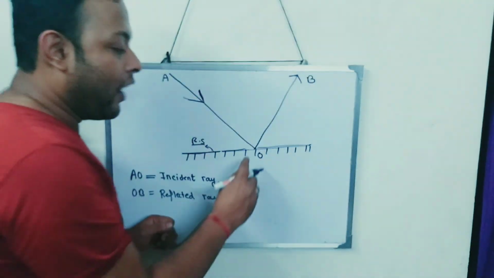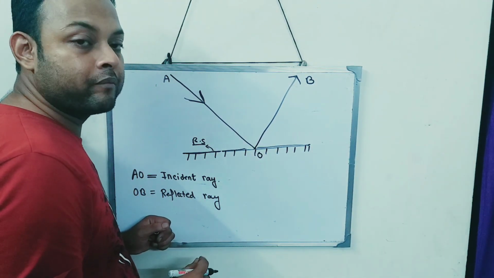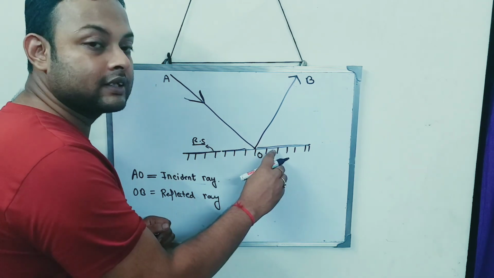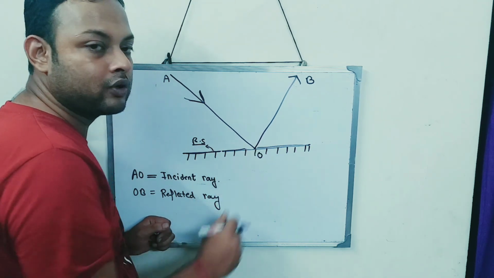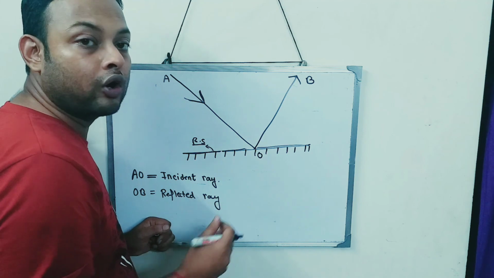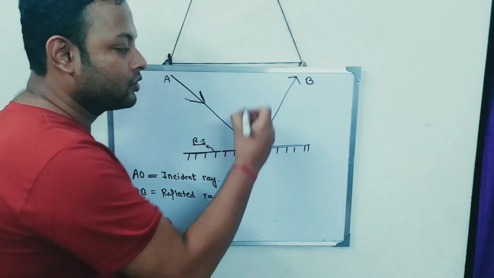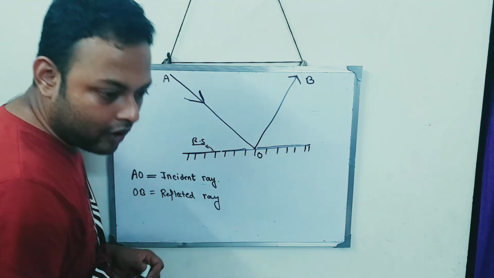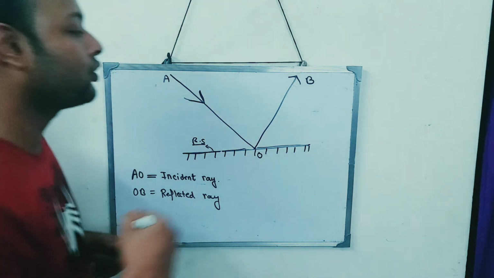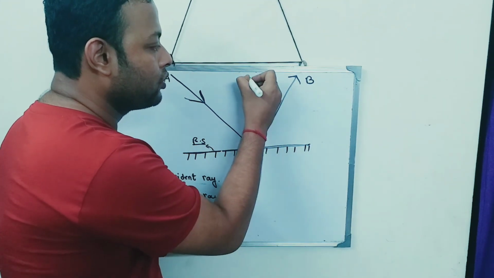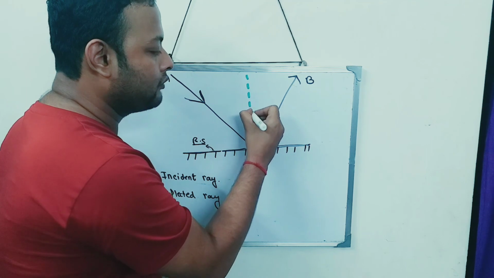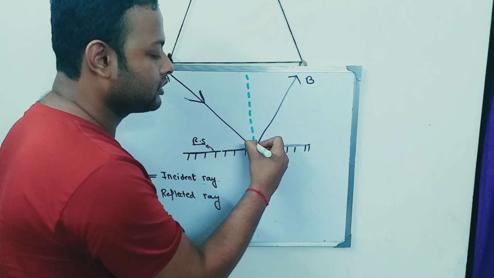Now, on the reflecting surface, at the point O, you have to draw a 90 degree. How to draw a 90 degree? I'll draw it like this.